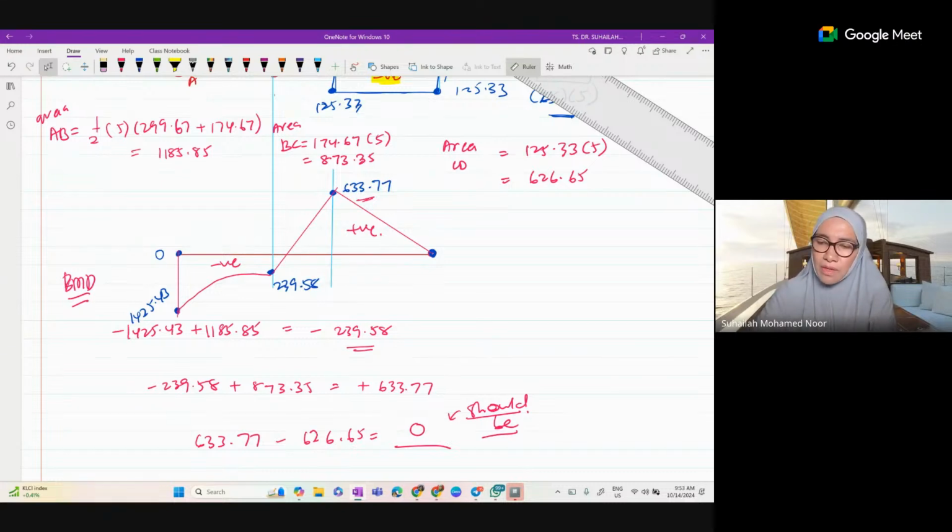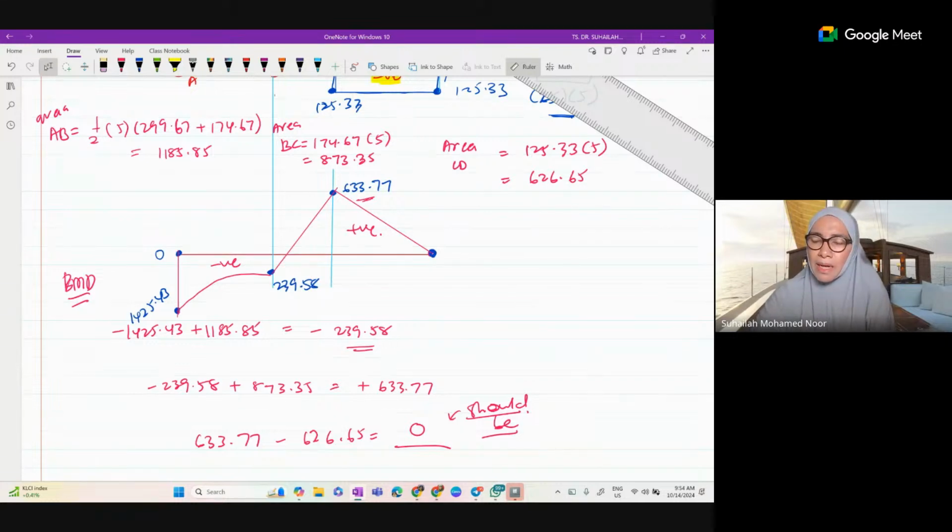So for the behavior of the structure we calculate reaction, internal forces, and displacement, and the displacement goes back to the shear force diagram and bending moment diagram, because the shape of displacement depends on the bending moment diagram. The shape of the bending moment diagram is the deflection that occurs in the structure.